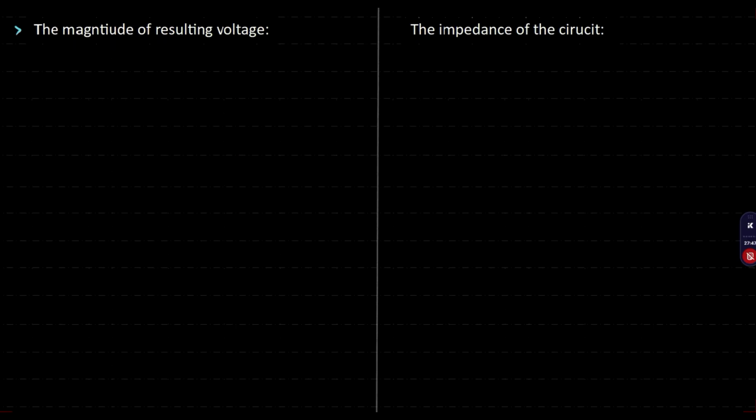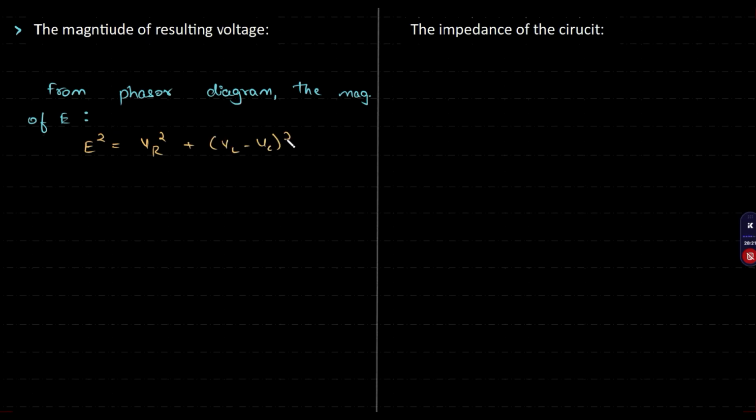We will be able to use from the diagram the magnitude of E is given by E square is equal to VR square plus VL minus VC the whole square.